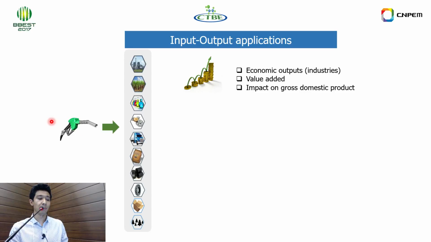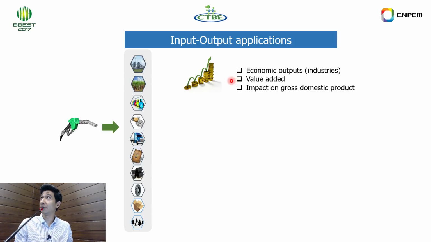For example, if I produce 1 billion reais or $1 billion of ethanol, I need, for example, $300 million of sugarcane, let's say, or $100 million of chemicals and so on. And we can capture even the indirect effects, so effects we are not expecting. For example, the coffee industry is activated when you produce ethanol.